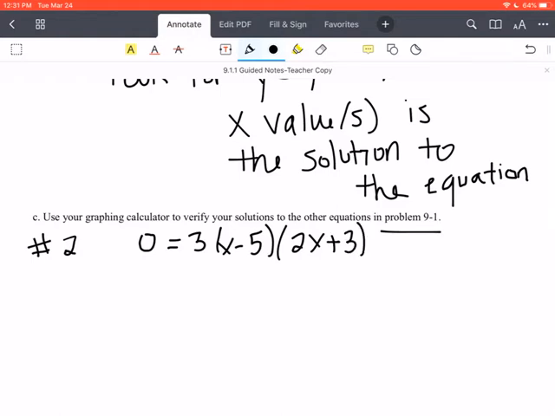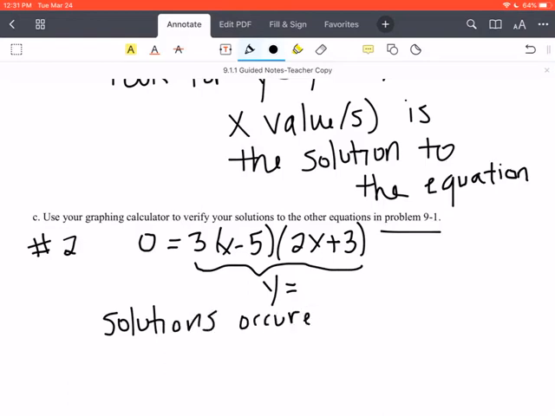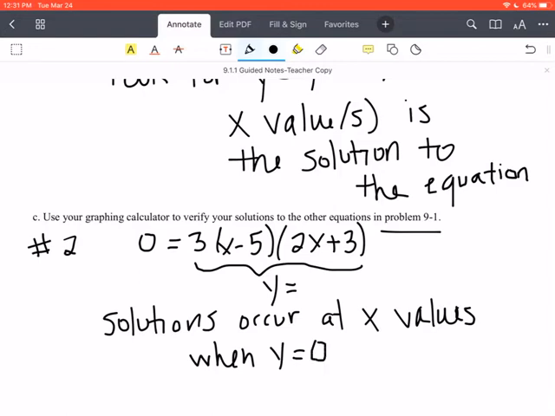Okay, we are going to put this entire quantity into y equals, and then the solutions occur at the x values when y isn't 9, but when y is 0, because again, this 0 controls where you look for the solution.